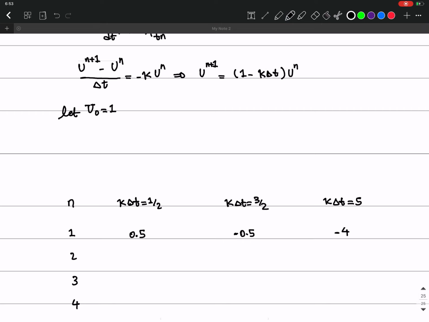The next step, these are going to be my u1, right? Then I'm going to have u2. u2 is going to be 1 minus kappa delta t times u1, right? So I'm gonna calculate that. So this is gonna give me 0.25. The other one is gonna give me 0.25, and this is gonna give me 16.